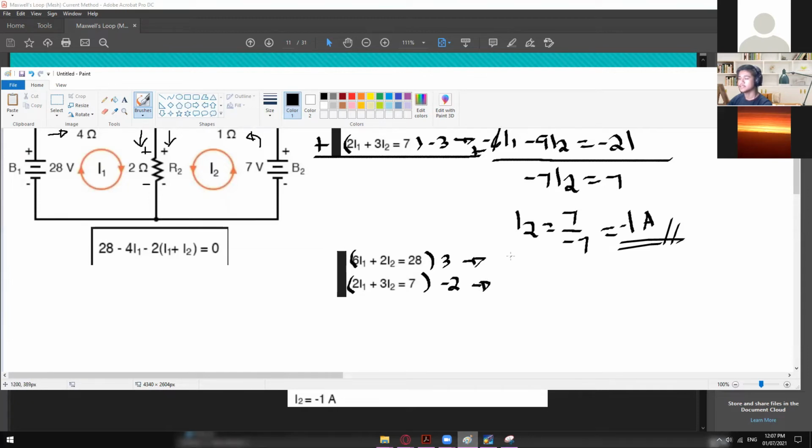So 3 times 6 is 18 I sub 1 plus 6 I sub 2 is equal to 28 times 3, which is 84.